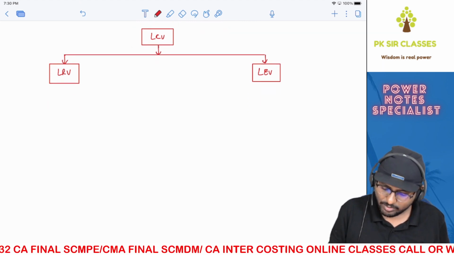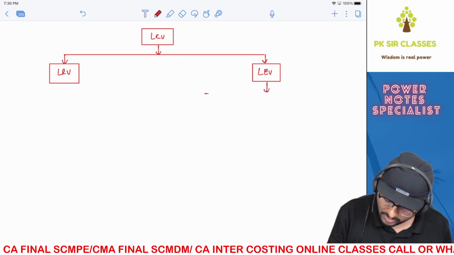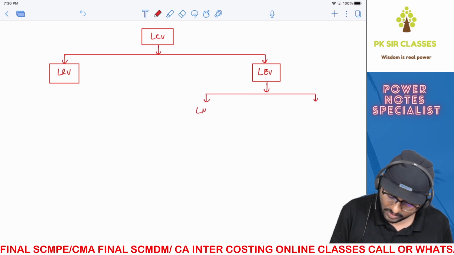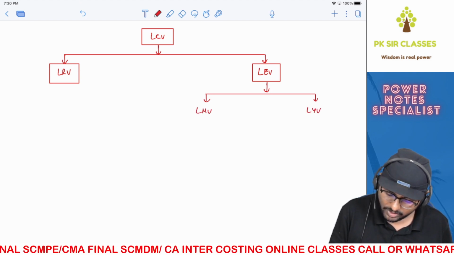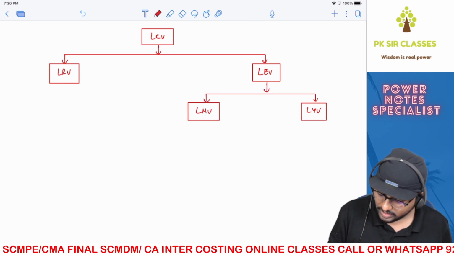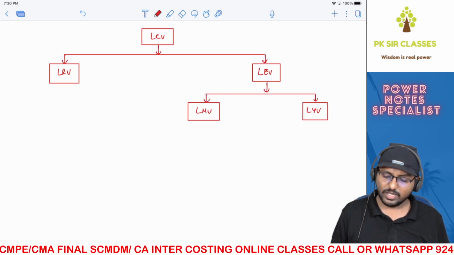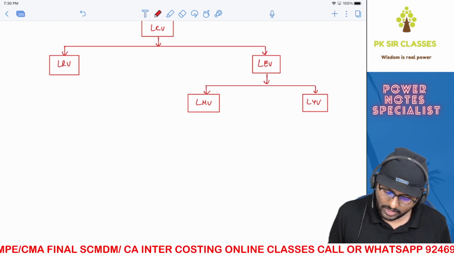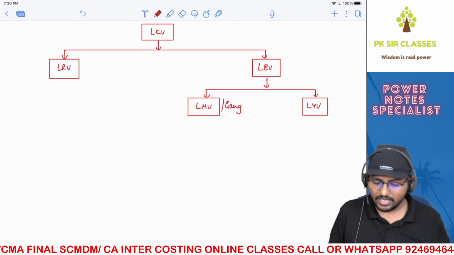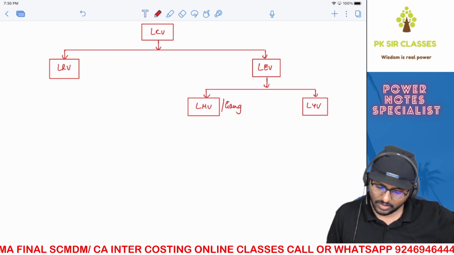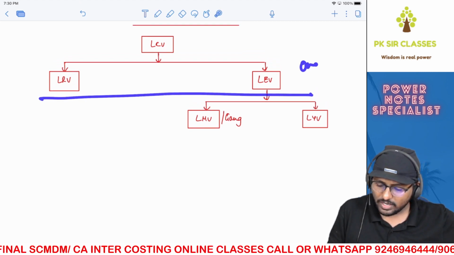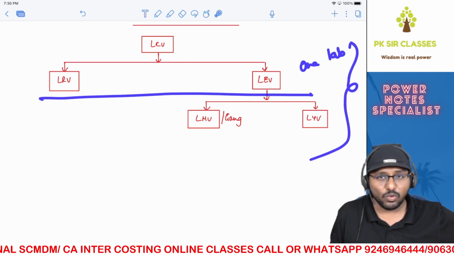If you are getting multiple types of labor, then this labor efficiency variance will be divided into labor mix variance and labor yield variance. Labor mix can also be called labor gang variance. The logic remains the same. If there is only one labor, it stops at efficiency; with multiple labor, the whole thing will come.